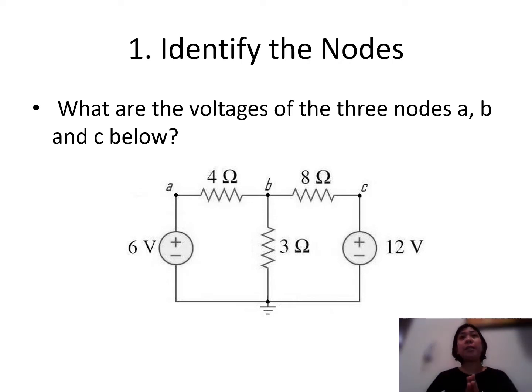Let us discuss this in steps. First step, let us identify our nodes. For example, what are the voltages of the 3 nodes A, B, and C? Actually here we have 4 nodes.